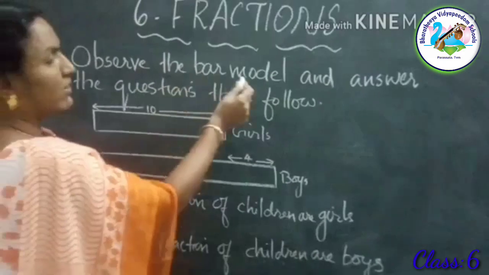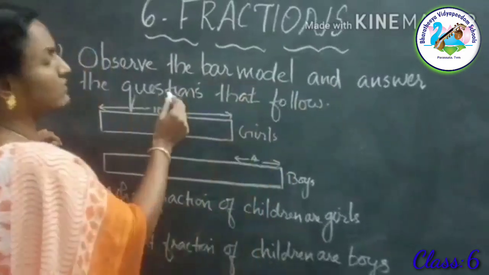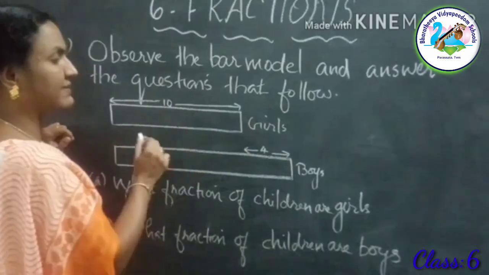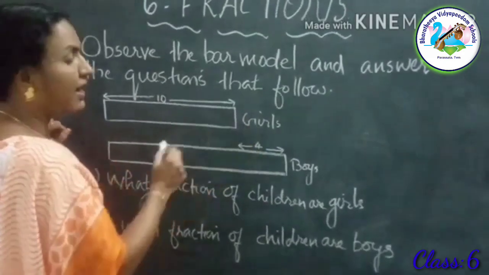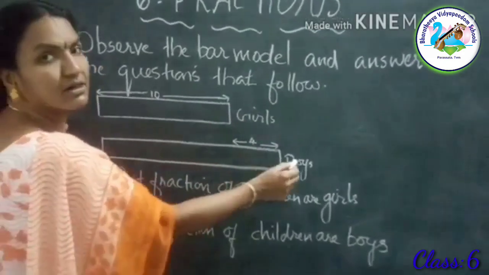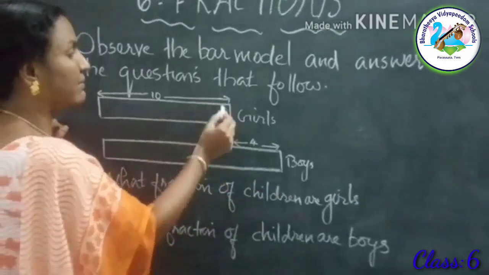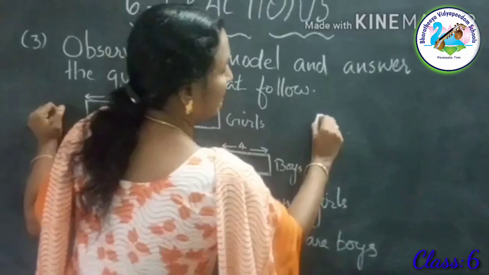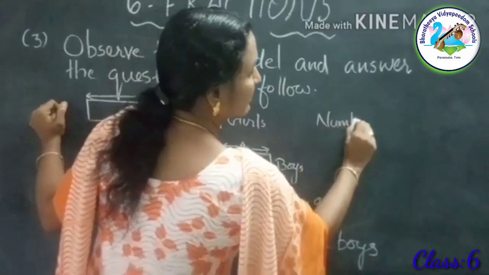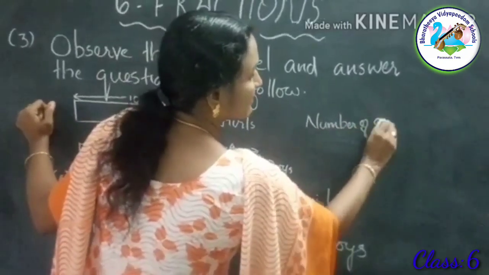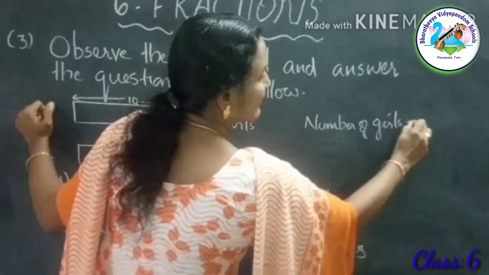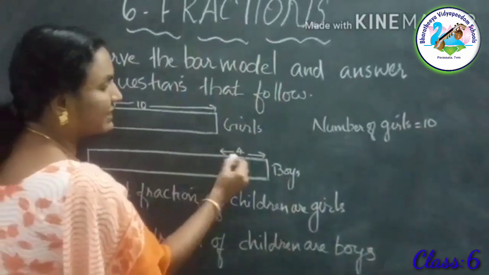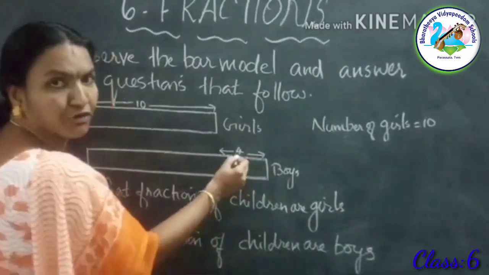Question number 3. Observe the bar model and answer the questions that follow. Here the first bar represents girls and the second bar represents boys. So the number of girls is equal to 10. Here to here mentioned 4.